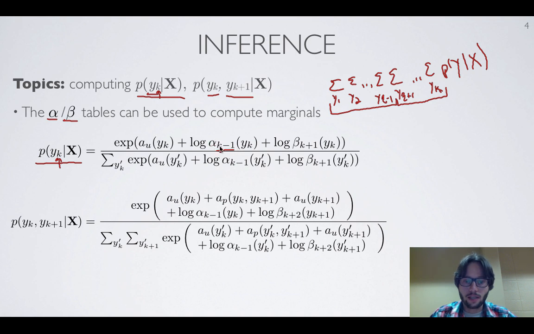So remember, this index tells us from y_1 to y_{k-1} that this value corresponds to the summation of y_1 up to y_{k-1}. And then similarly, this sum here would correspond to beta k plus 1. That is, the k plus 1 means that we've summed from y capital K down to y_{k+1}.